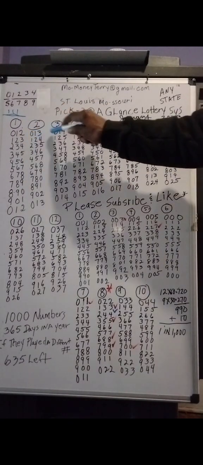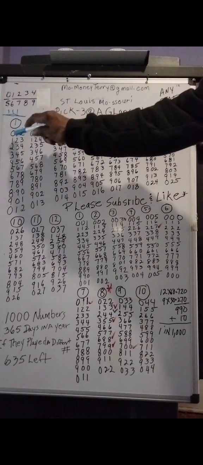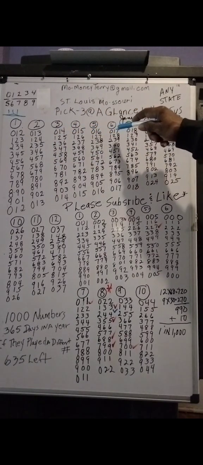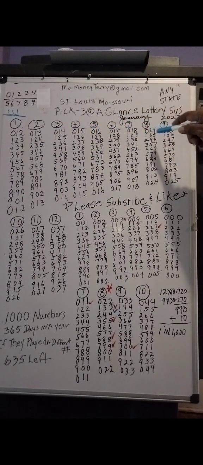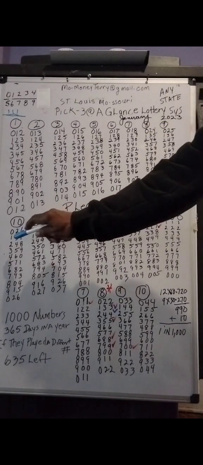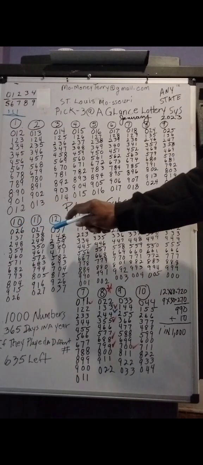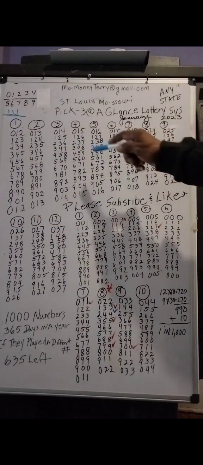And these numbers here on top, the 012, the 013, the 014, the 015, the 016, the 017, the 018, the 024, the 025, the 026, the 027, and the 037, these are the base numbers for your single numbers.